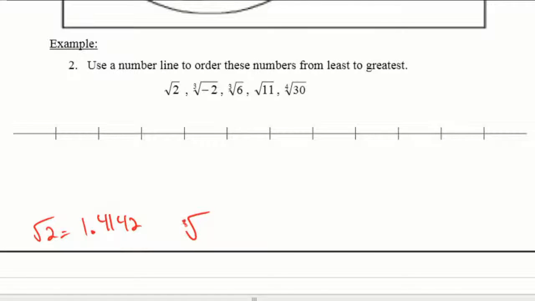If I take the cube root of negative 2, what do I get? So on my calculator, I'm going to go 3, second function, x, and then negative 2, so negative 1.2599. Cube root of 6, I don't know what that is either, so let's figure out what that is.